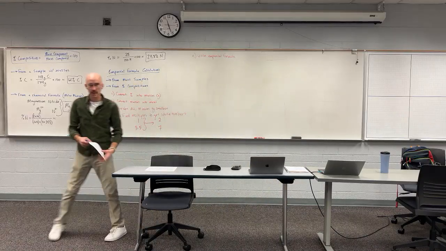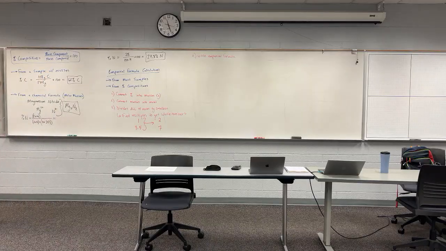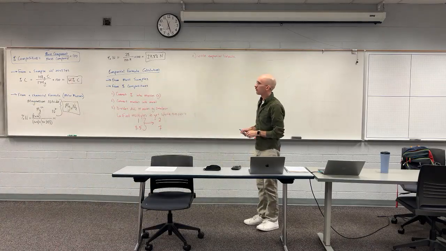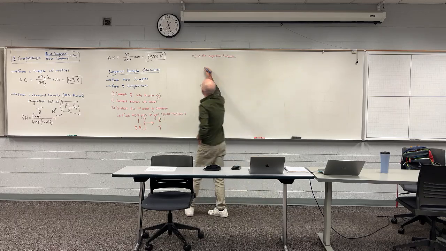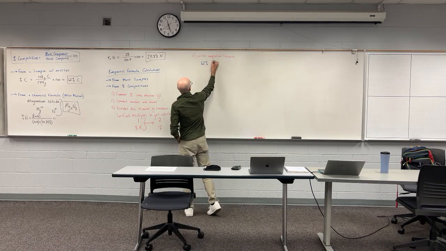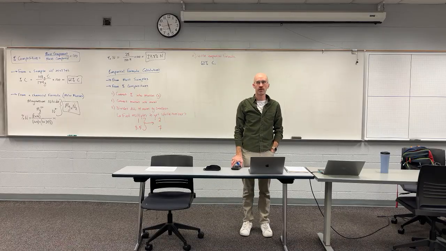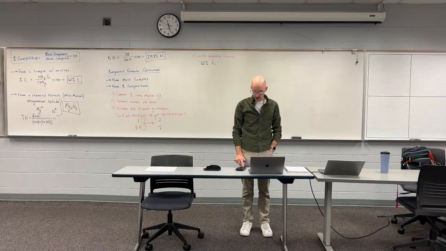I've given you 2 examples of this. I want you guys to actually do those on your own. What I want to do is come back to this earlier one and determine the empirical formula for question number 7. So if we calculated that there is 62% carbon, did anybody calculate how much hydrogen there was? 18 divided by 174.